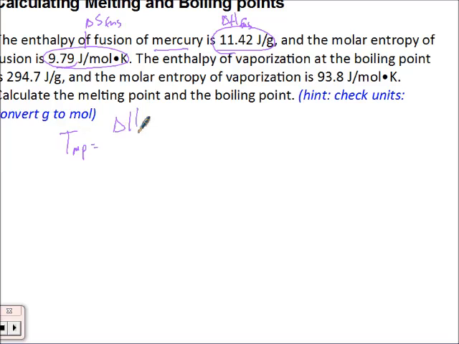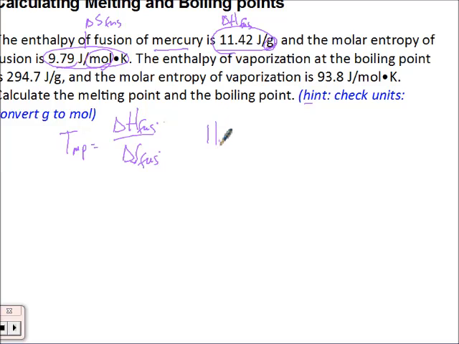So we know it's going to be delta H of fusion over delta S of fusion. Now notice my little hint here, check your units. Not sure why they like to give you harder things. I have grams there and I have moles here. So I can't just divide these two numbers directly. I have to change one to the same units.